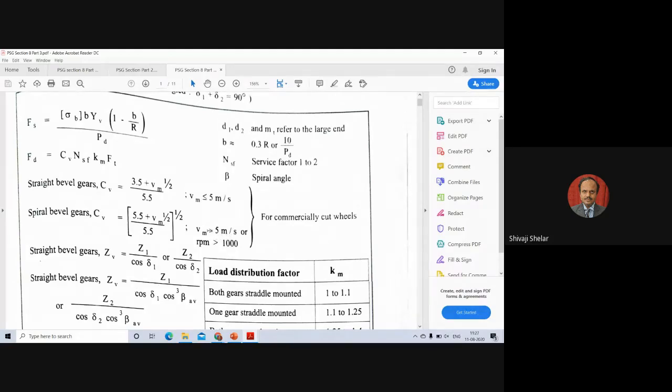If you don't know the velocity and you know the RPM of the shaft, then for spiral bevel gear or straight bevel gear you have to use this formula.